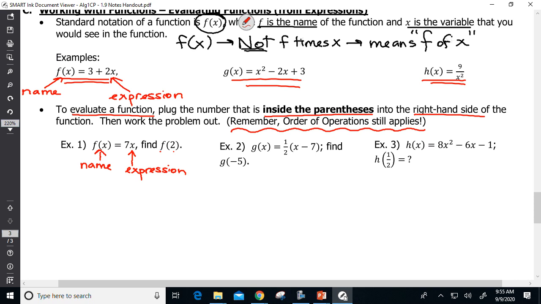This means take 2 and plug it in for x. You only have to plug it in on the right-hand side. You don't have to worry about the left-hand side. But then you work it out. 7 times 2 is 14. Done.